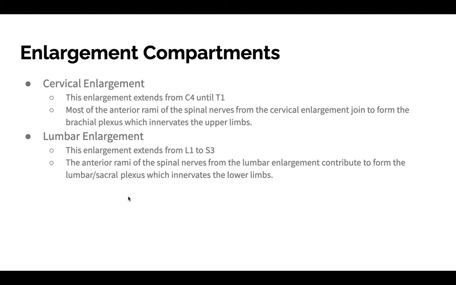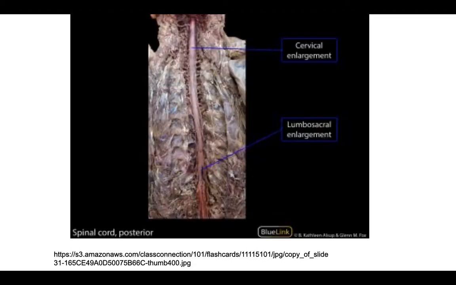The next enlargement we have is the lumbar enlargement. This extends from L1 all the way down to S3, and the anterior rami of this enlargement join together to form the lumbar and sacral plexus, which is known to innervate our lower limbs.